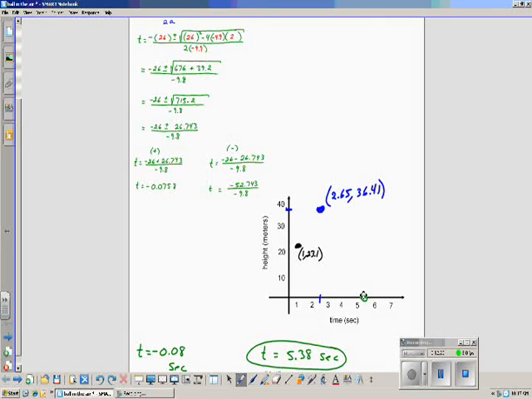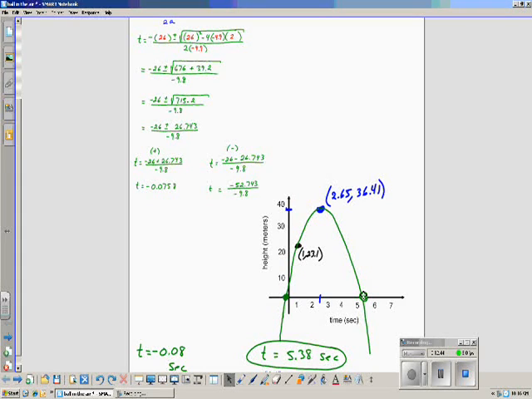When it came up that first time, it was at a position almost at the origin, but just slightly to the left of the origin, and that's why it came out to be negative 0.08 seconds. When it comes down and lands, I'm marking it here in green. That's where the ball actually lands, and that's a good picture of our projectile.